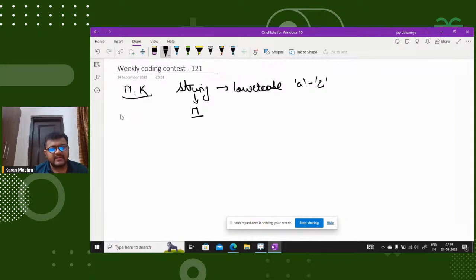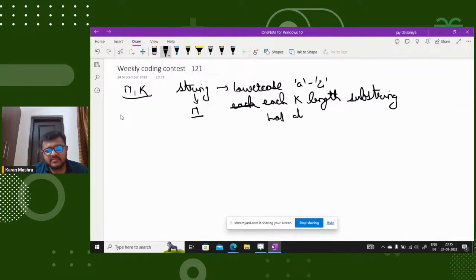Total there are n characters, and each k length substring has at least one consonant and one vowel.